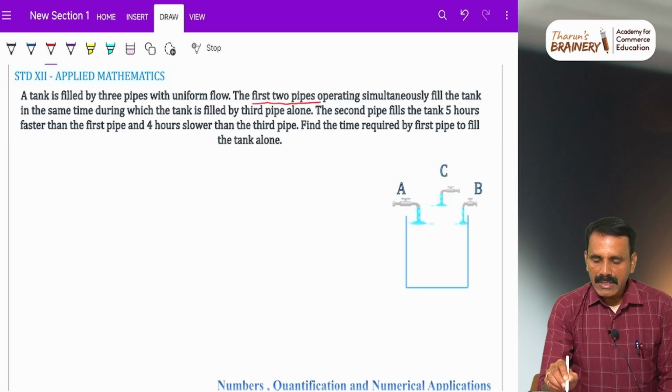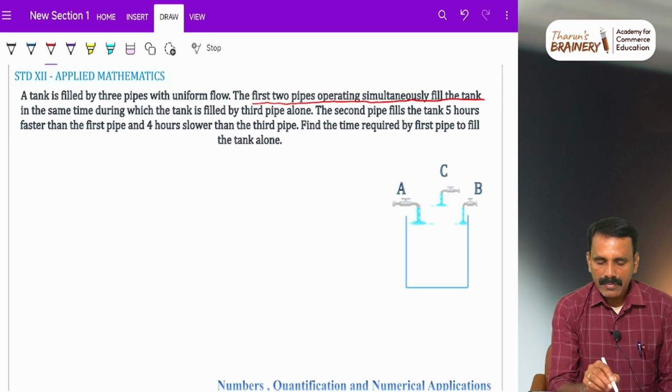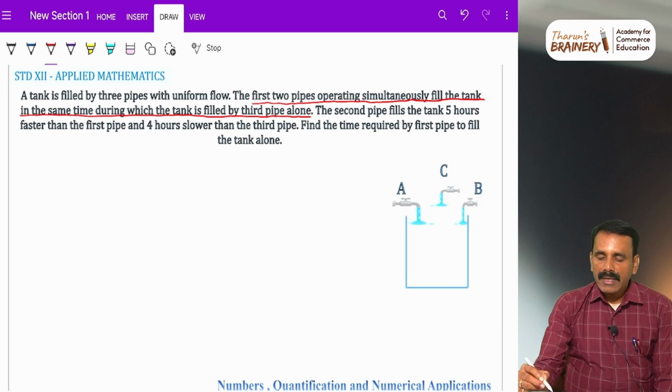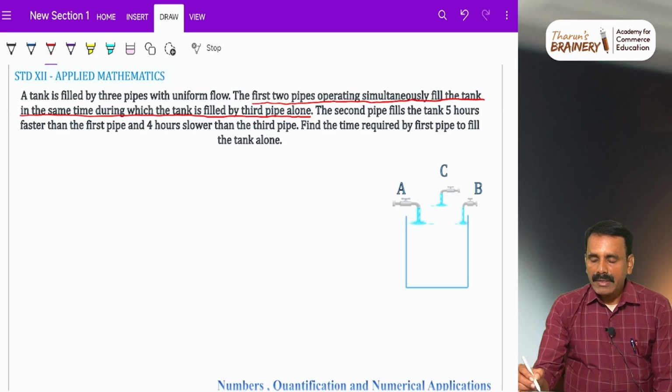So, what is given in this sentence? Suppose A and B takes 10 minutes to fill the tank, then C individually will fill the tank in the same time, 10 minutes. Okay.